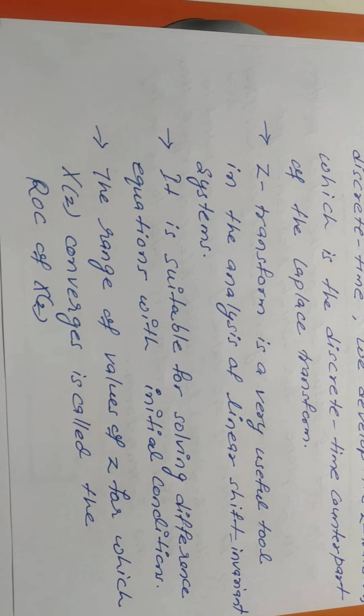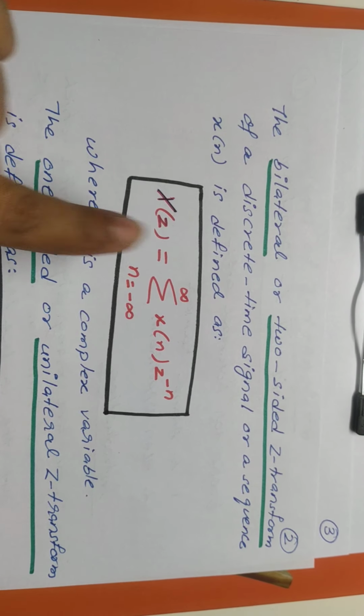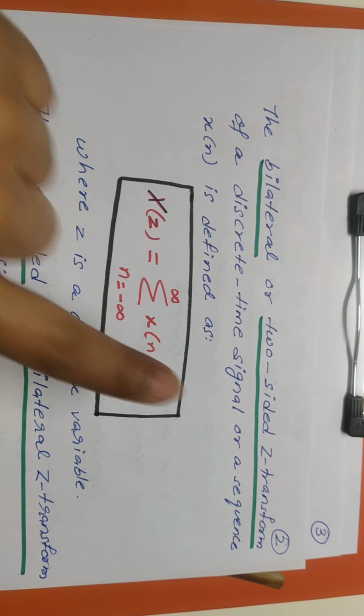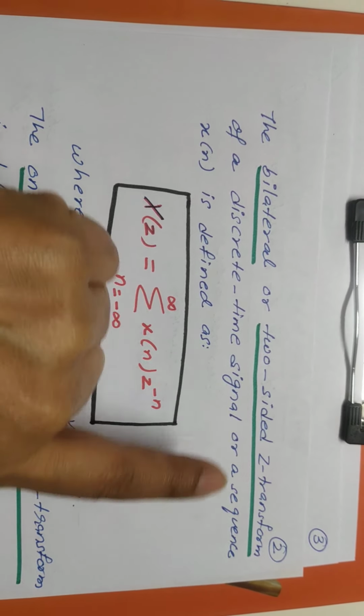Now coming to the next part, the bilateral or two-sided Z transform of a discrete time signal. Now if the signal exists for both sides, that is for the positive n side and the negative n side, or a sequence, basically we call them a sequence, then in that case the Z transform is defined as X of z equals summation n from minus infinity to plus infinity x of n z to the power minus n, where z is a complex variable.